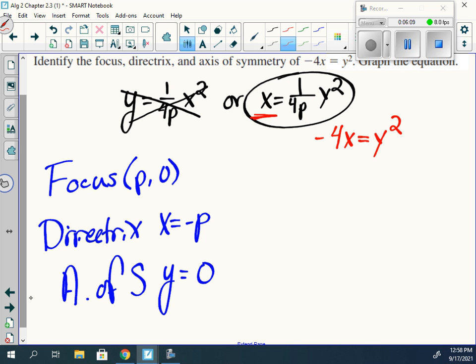And the equation they gave us is not x by itself. So what do I need to do to get the x by itself? We can divide by negative 4. And if we divide both sides by negative 4, well, negative 4x divided by negative 4 will just be x. Over here, we're going to have y squared divided by negative 4.